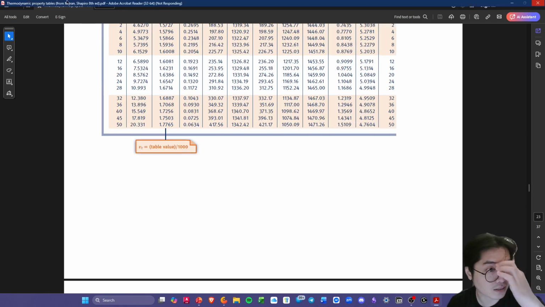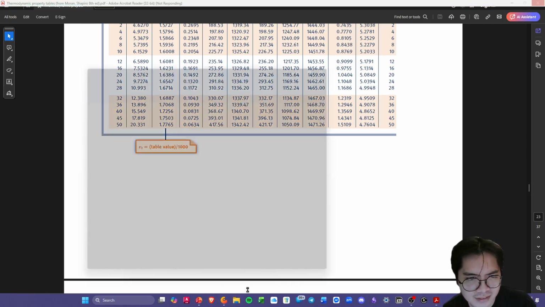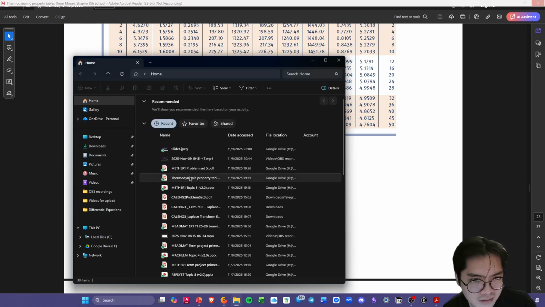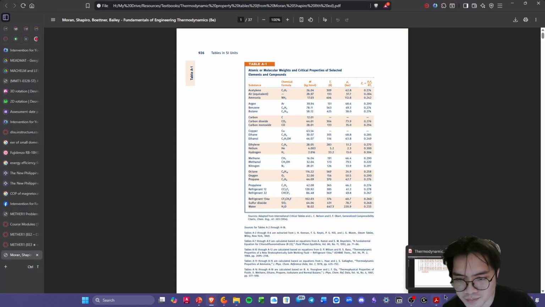Oh my gosh. Acrobat Reader is not very good. Please don't crash. This is a PDF. Why is this so bad? All right, fine. Okay, let's just pull this up.